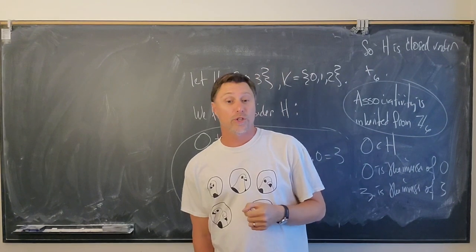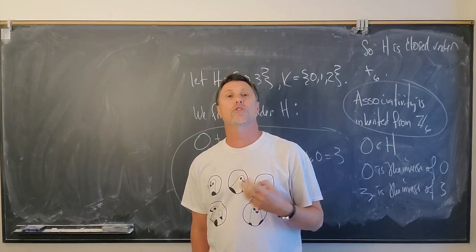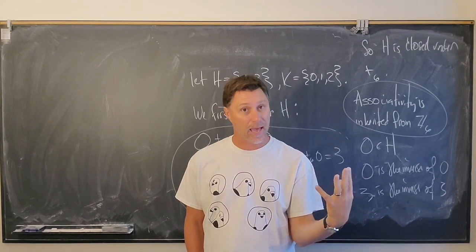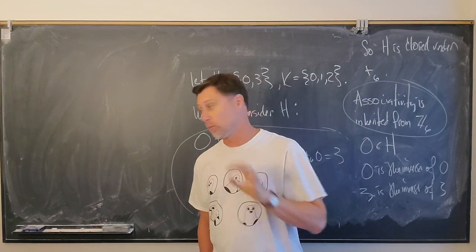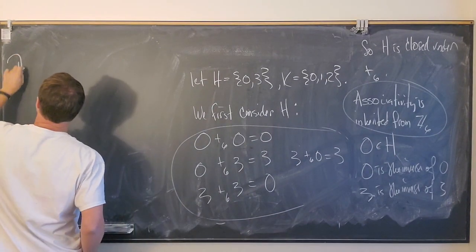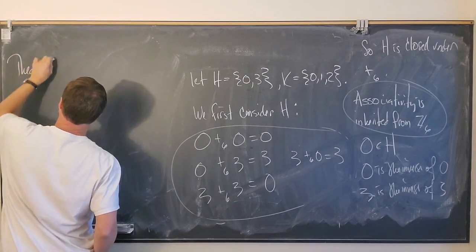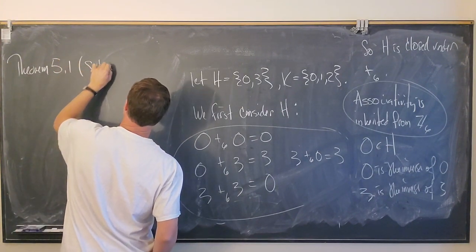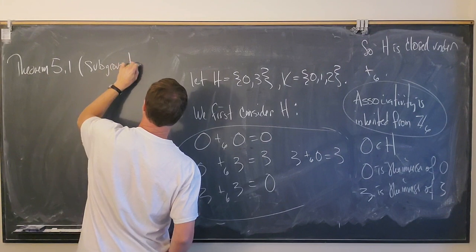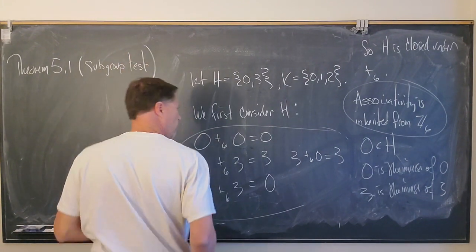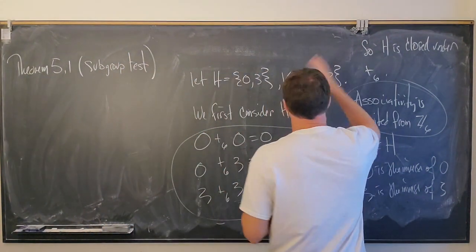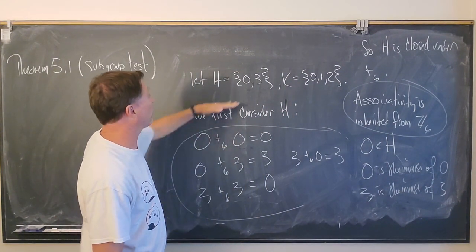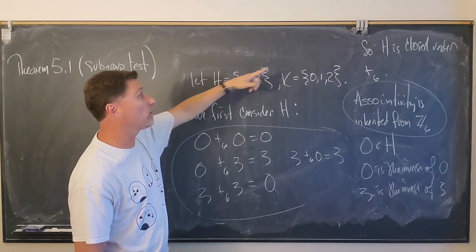Okay, what we're going to do next is get a theorem that gives us a streamlined way to decide whether a particular subset of a group is a subgroup. This is Theorem 5.1, which I usually refer to as the subgroup test. Before I actually give the statement, let's remember what we were doing a second ago. We were checking to see whether H was a subgroup of Z6.